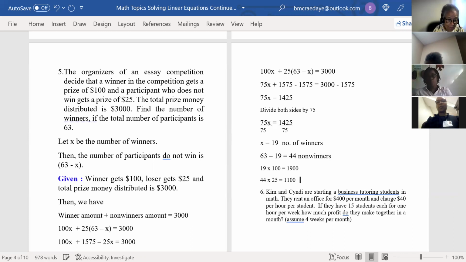And so 1,900 plus 1,100 equals that 3,000. So we know that our figures are correct.